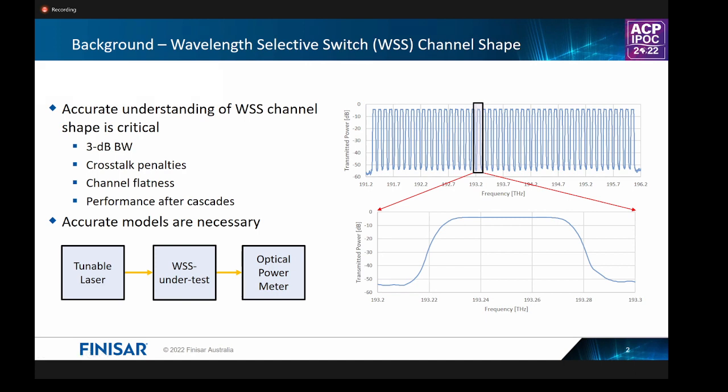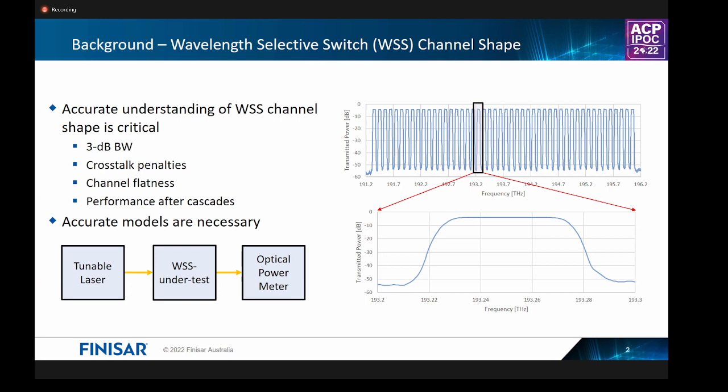The way it's measured is with a tunable laser. The tunable laser passes through the WSS and sweeps across the full spectrum. Then there's a power meter, and by looking at the transmitted power, you're able to measure the insertion loss. I'm just zooming in on a particular channel shape here.